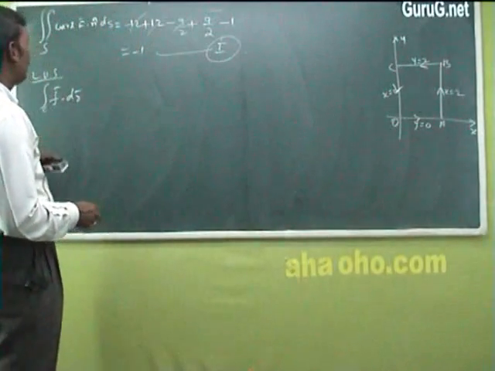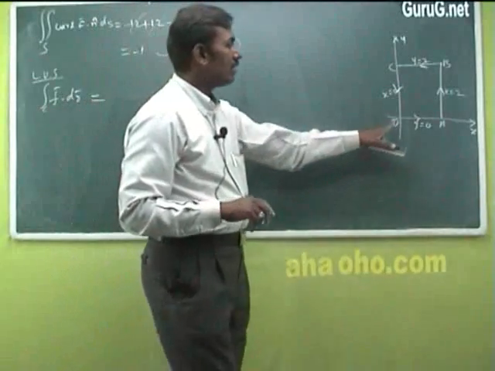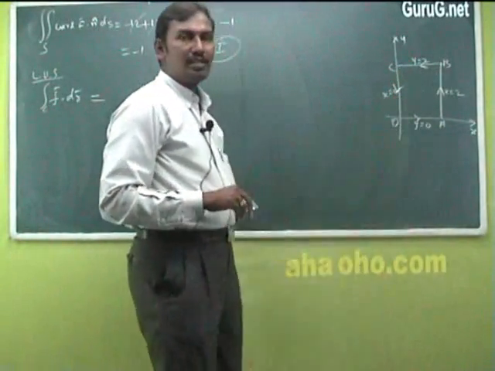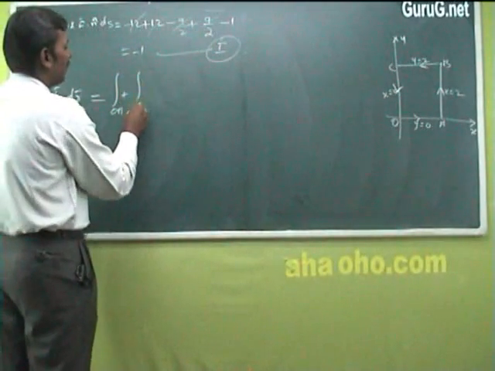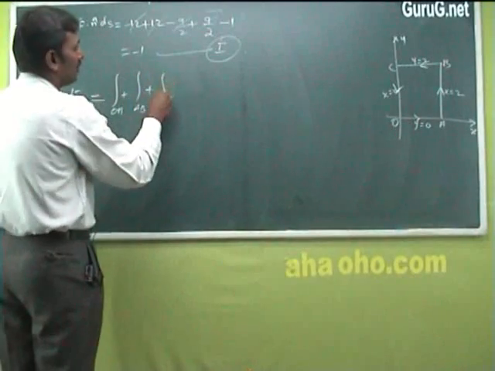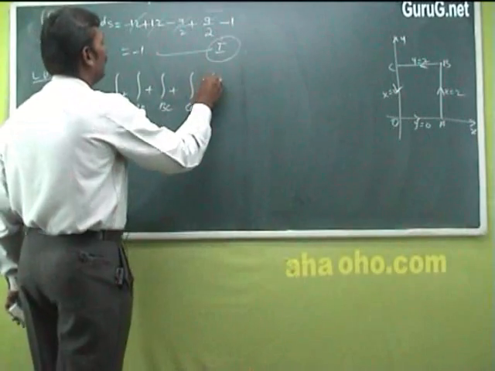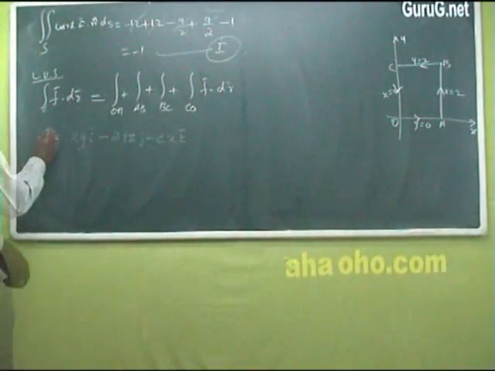What is f vector? So what is c now? So c is nothing but the boundary of this surface OA, AB, BC and CO. So integral over OA plus AB plus BC then CO f dot dr. Right? What is f vector?